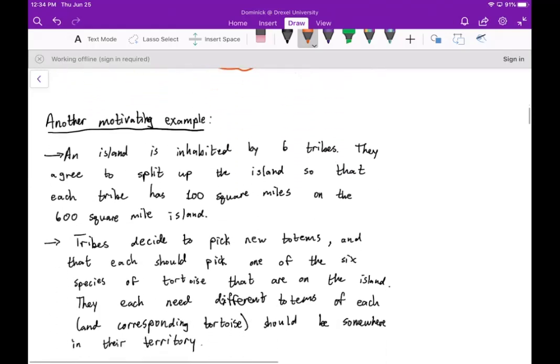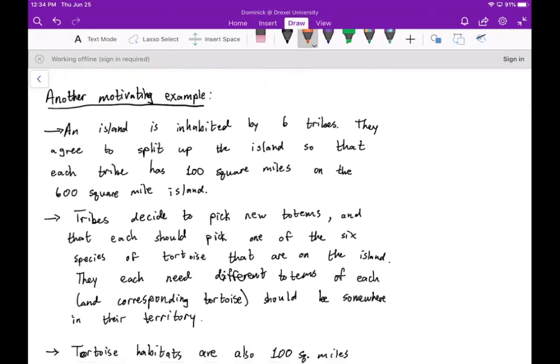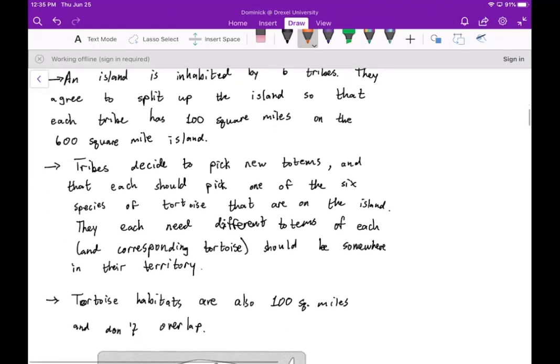Okay, now let's look at another motivating example. We're going to suppose that an island is inhabited by 6 tribes, and they agree to split up the island so that each tribe has 100 square miles on the 600 square mile island. Now, the tribes decide to pick new totems, and each should pick one of the 6 species of tortoise that are on the island.